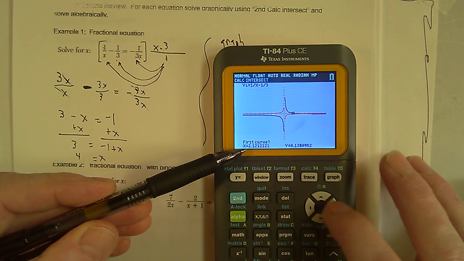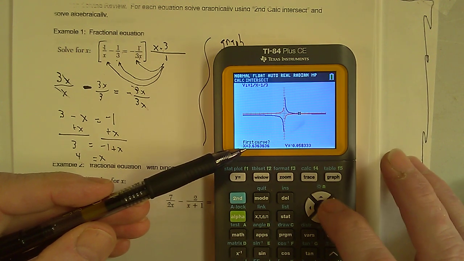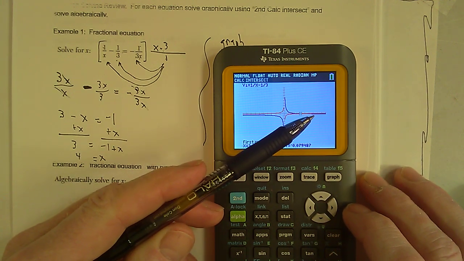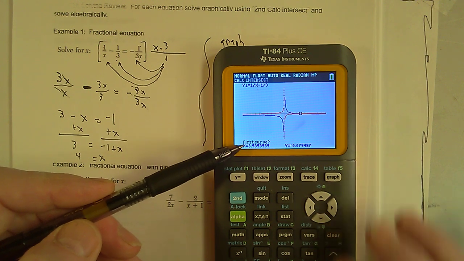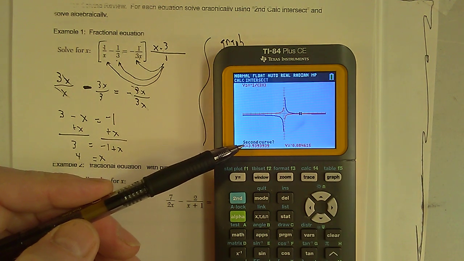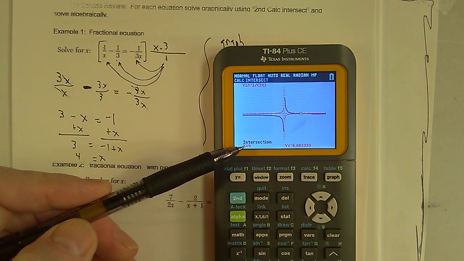If I didn't know it already, I'd try to think where they are going to cross. Looks like over here the orange goes below the blue. That's pretty close to 4. Looking for the first curve, enter, enter, enter. X equals 4. Checks.